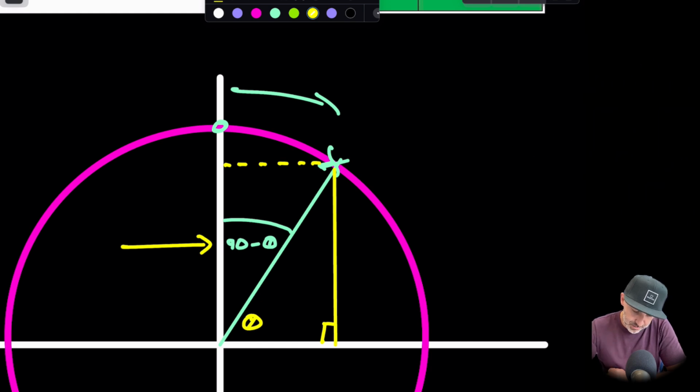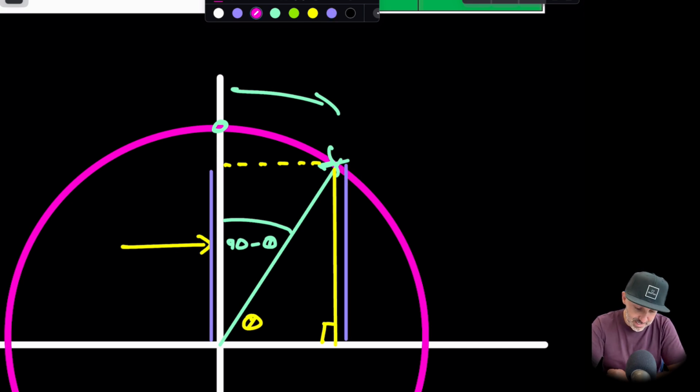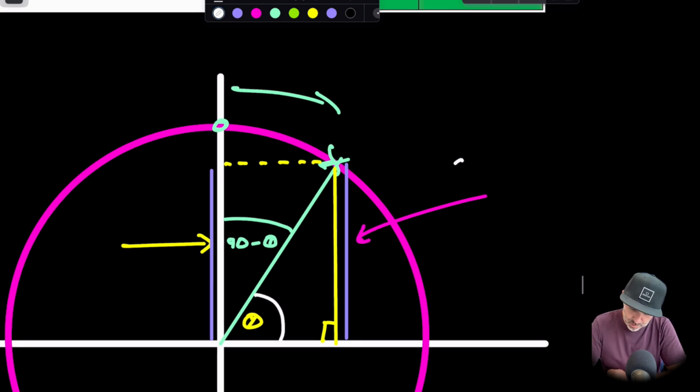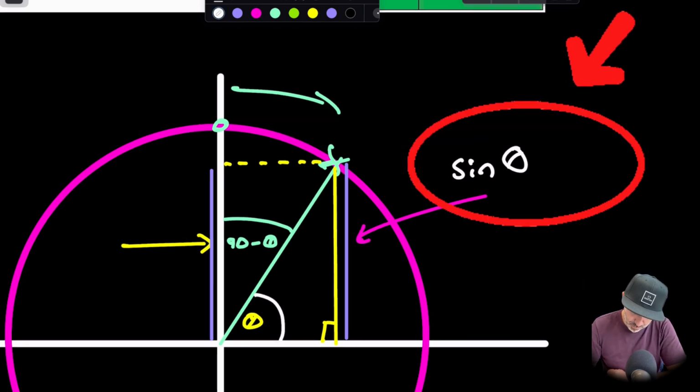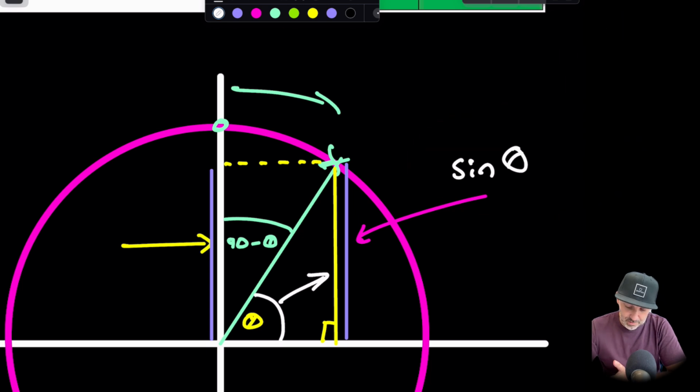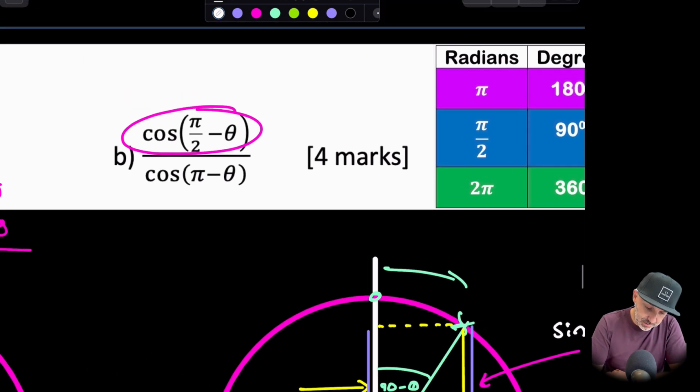So that side is exactly the same length as this on the right-hand side. On the right-hand side, I can easily find that length because it is equal to sine theta. Remember, opposite side is sine theta times 1. So that numerator is actually sine theta.